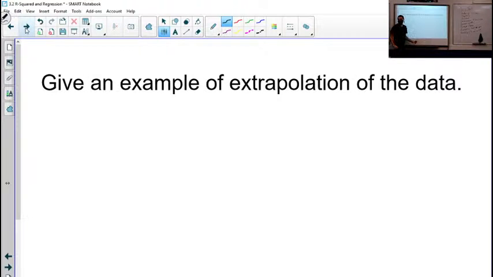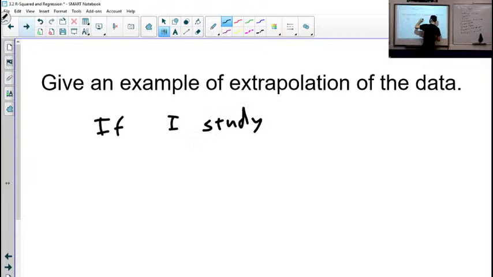Extrapolation. What was extrapolation again? We're going outside of our range of data, and we're trying to make a prediction outside of our range of data. So an example of that would be to take this line of best fit and assume, well, if I study for, I'll give you a large amount of hours, 2,000 hours. Plug in 2,000.